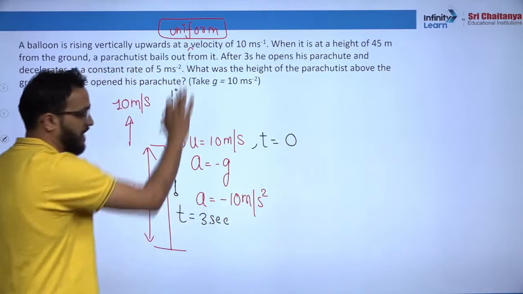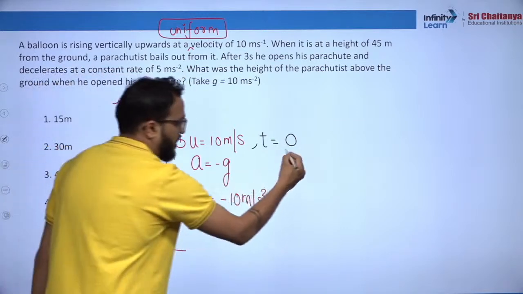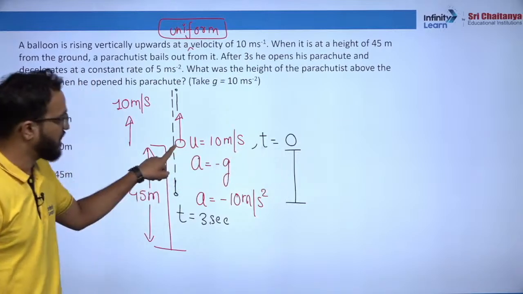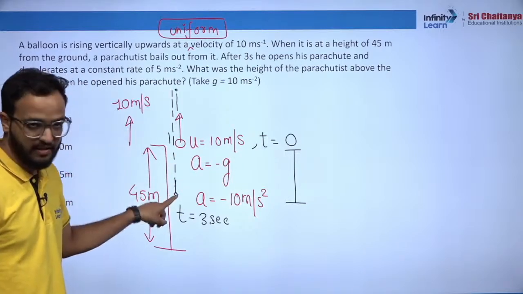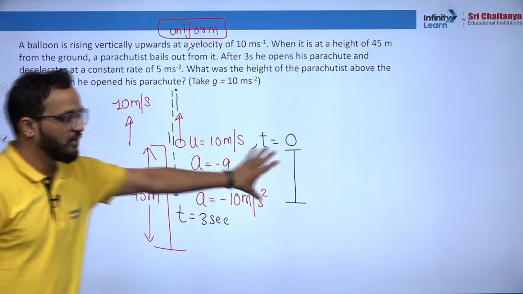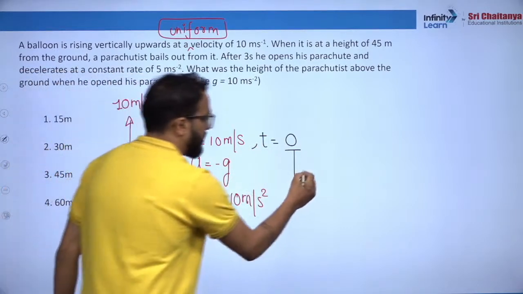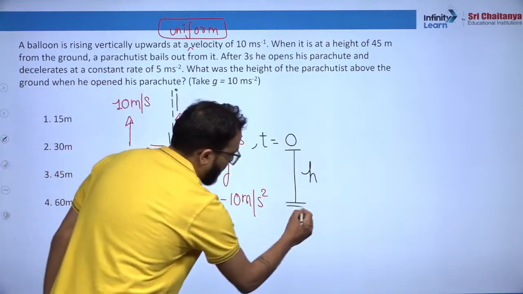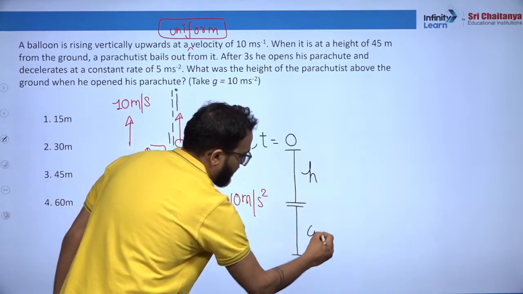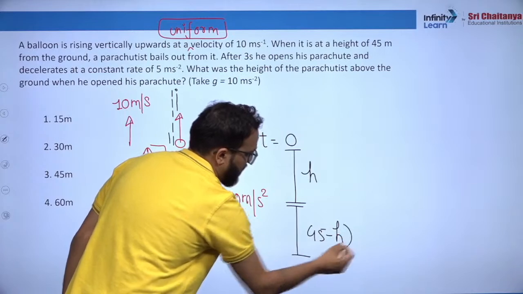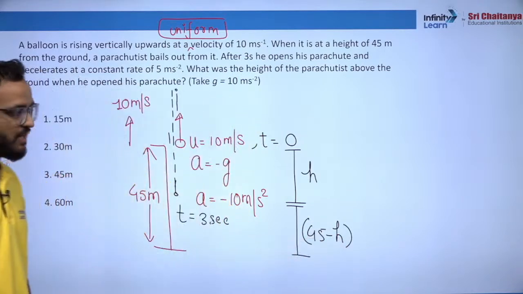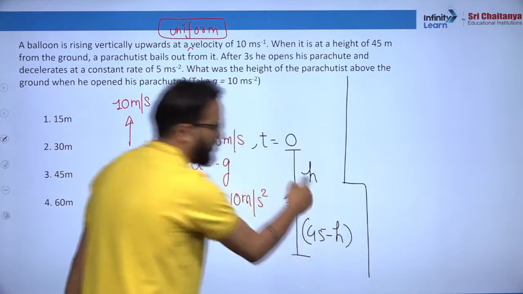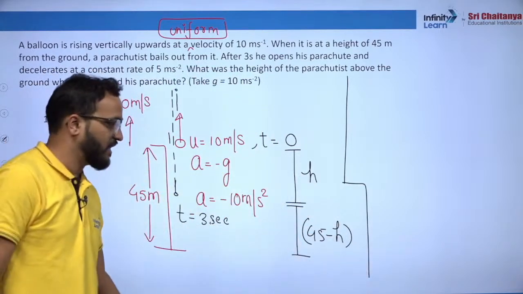His displacement in this complete journey is this, because he starts from here, goes up and comes down here. Let's say the displacement is minus h. So from the ground, the height will be 45 minus h meter. So our answer will be 45 minus h. Now we just have to find the value of this small h, so that we can get our right answer.